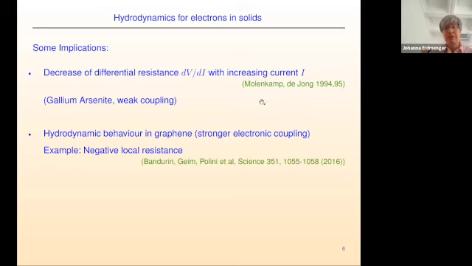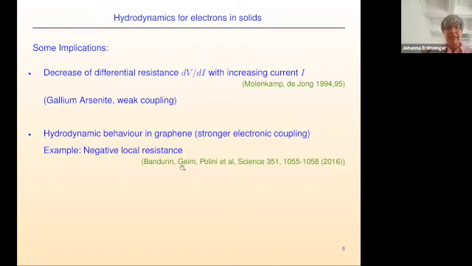Professor Molenkamp is also one of my colleagues here in Würzburg, a famous experimentalist in condensed matter physics. There's some hallmark signal which I will show in the next slide. There's a decrease of the so-called differential resistance, so the change of the voltage with the current, when increasing the current that we apply. I will show a picture of this in the next slide.